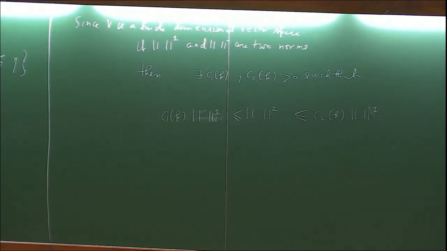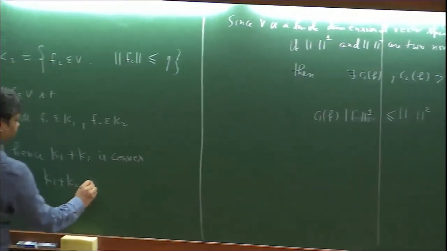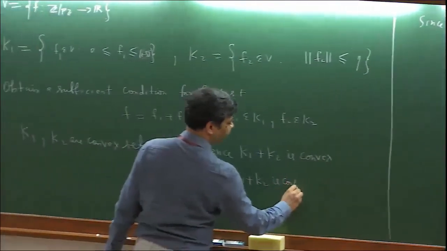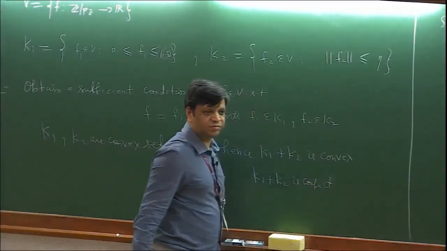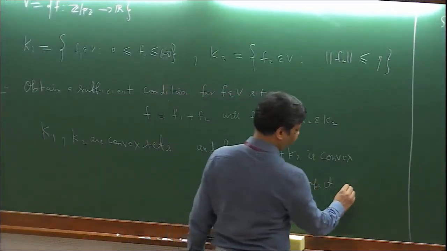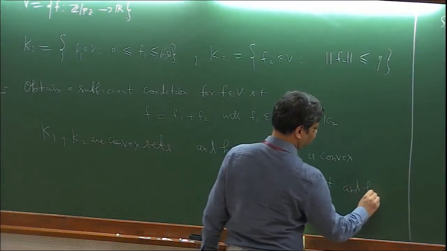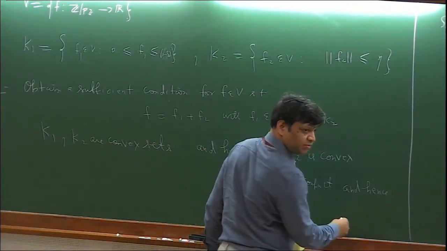K2 is a compact set with respect to this particular norm, whatever it may be. Therefore K1 plus K2 is compact, since the sum of two compact sets is compact, and hence closed because the topology is Hausdorff.